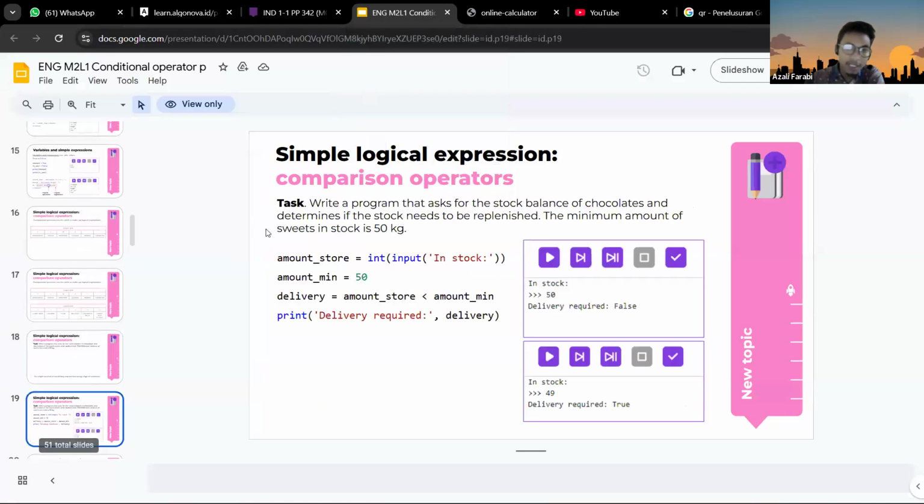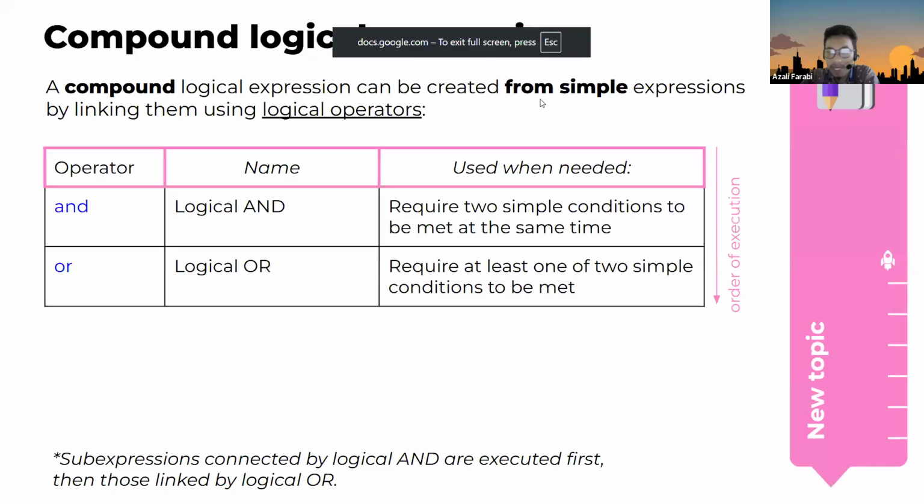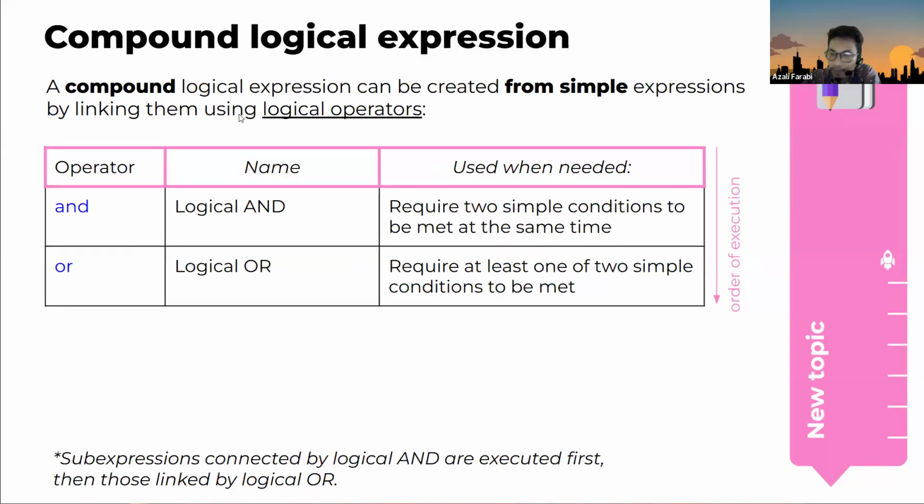Now let's move to the main topic. I want to explain compound logical expressions. Maybe you have heard about conjunction in Bahasa, Brian. When we talk about programming, we have two operators that can combine many statements, and we call it a compound logical expression.